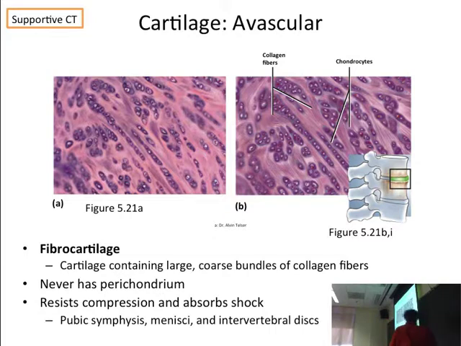It helps to create, in fibrocartilage of the vertebral disc, these annular layers of cartilage that help keep that disc in place when it's put under pressure. Helps it keep from rupturing and allowing the nucleus to move out that way when you put that disc under pressure. So fibrocartilage is very strong compared to the other types of cartilage. Resists compression and absorbs shock.